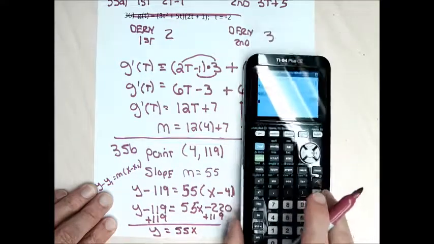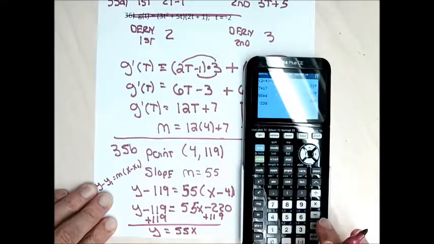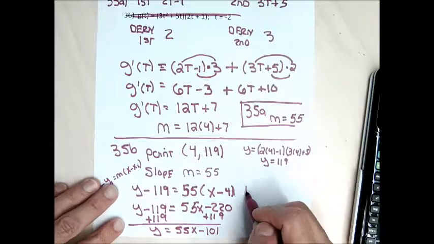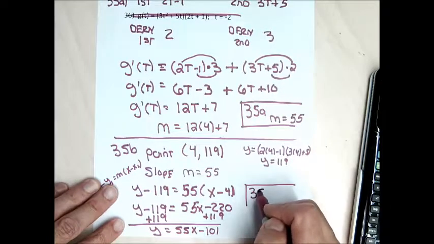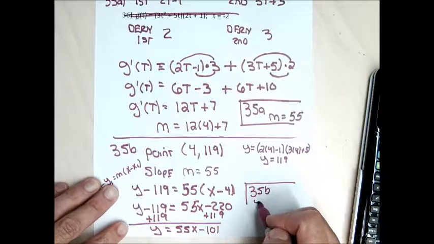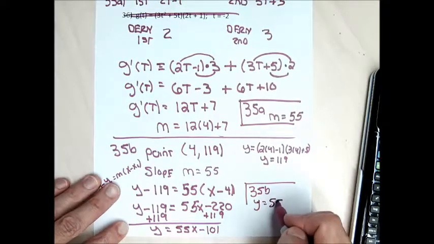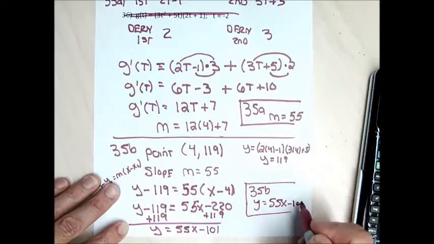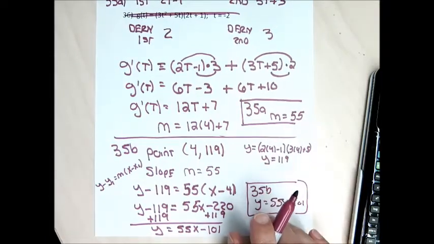And now I'm going to do minus 220 plus 119 and get minus 101. And that's going to be my answer to part B. So for part B on 35, I'm going to get y equals 55x minus 101. Of course, assuming I made no silly math errors along the way.